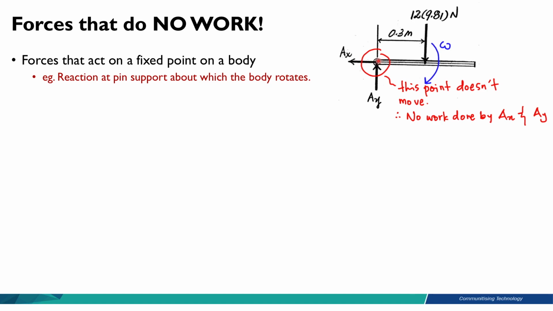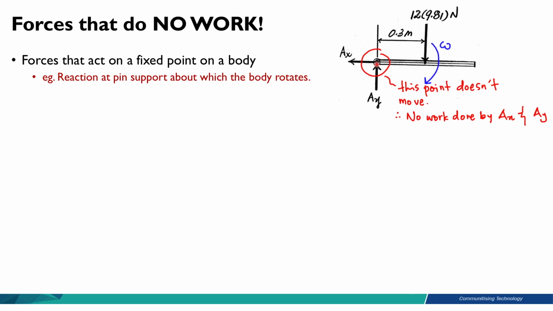At point A, at the pin, there will be reaction forces in the X and Y axes. Because this point doesn't move, it is just the center of rotation, there is no work done by Ax and Ay. Remember, for work to be done by a force, it has to have displacement.